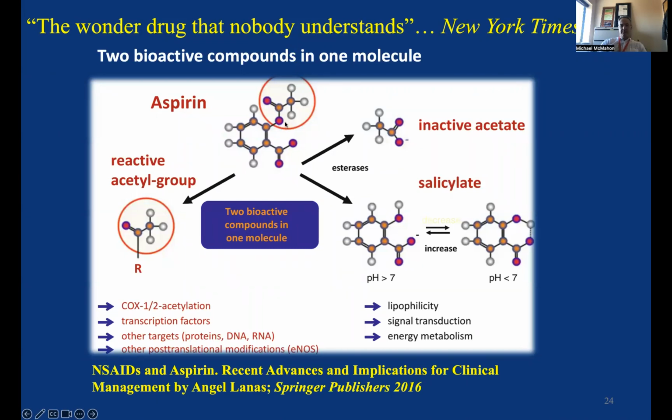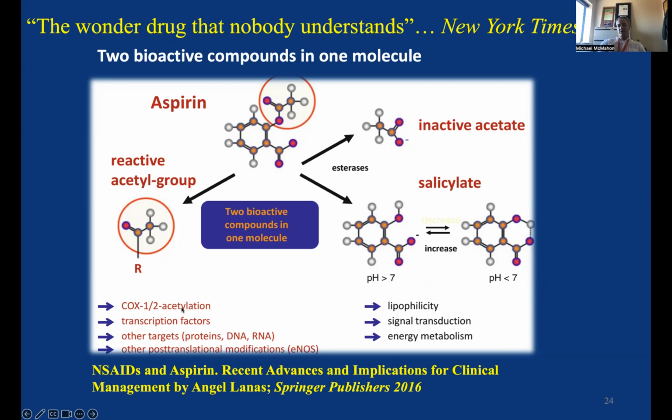And so you can have this reactive group here, this acetylated group, and then when the acetyl group comes off, that produces salicylic acid, which has this nice CEST effect. And so the metabolism of aspirin into salicylic acid turns on this CEST contrast.